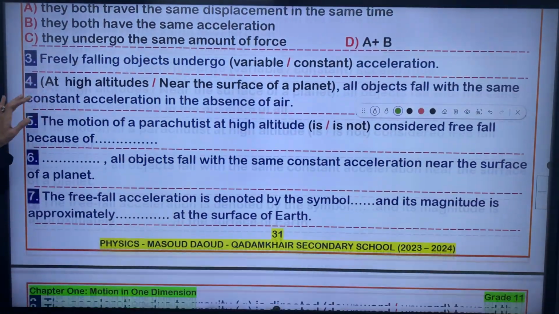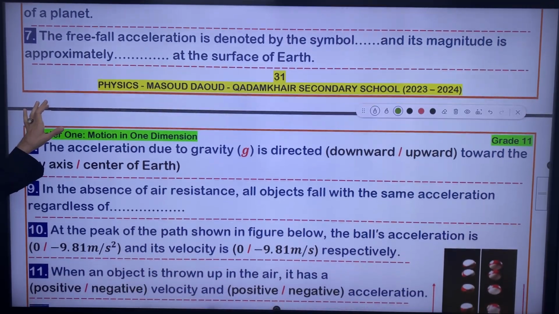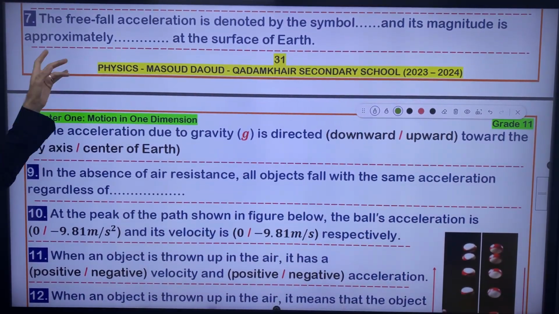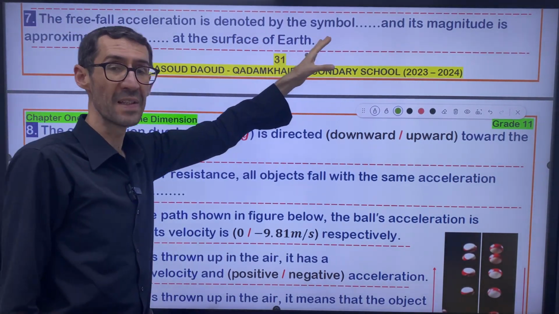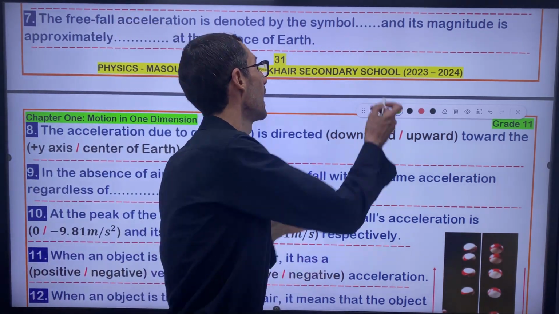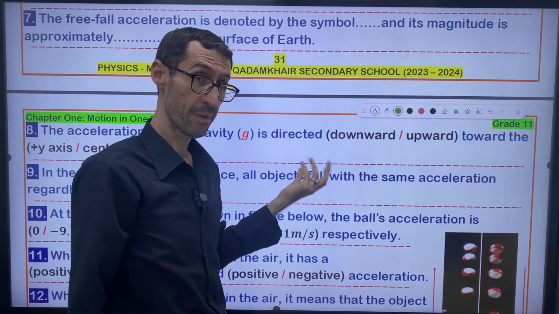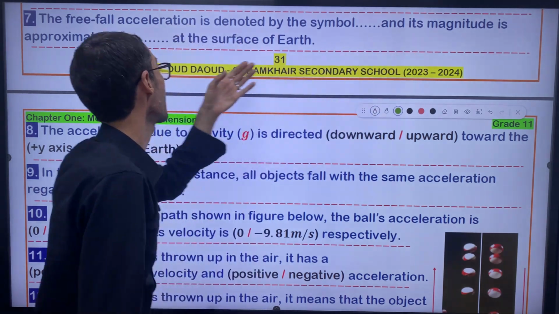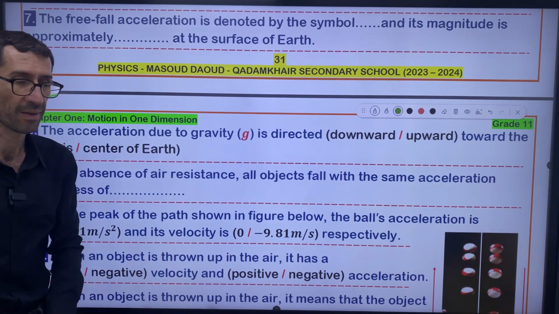Question number 7: The free fall acceleration is denoted by the symbol what? What's the symbol of free fall acceleration? And its magnitude is approximately what at the surface of Earth?